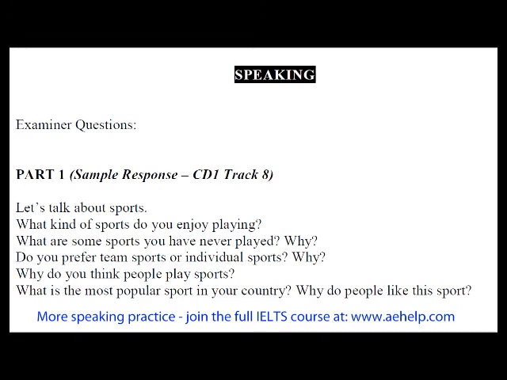It's fairly competitive and it keeps me active and healthy. I also enjoy playing football when the weather is warmer. What are some sports you have never played and why? One sport I've never played is handball. Some of my friends love it. They play it in a league and watch it on television, but I find it very dull and boring. I prefer faster sports like ice hockey.